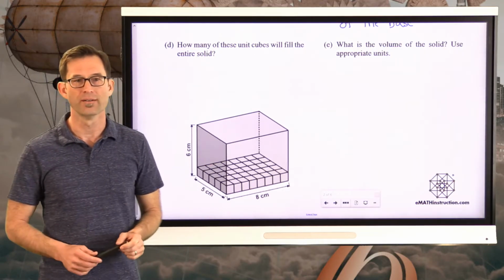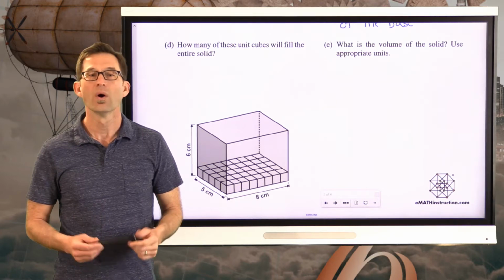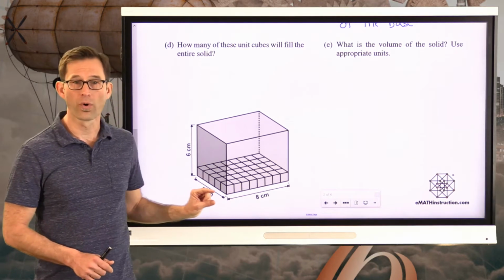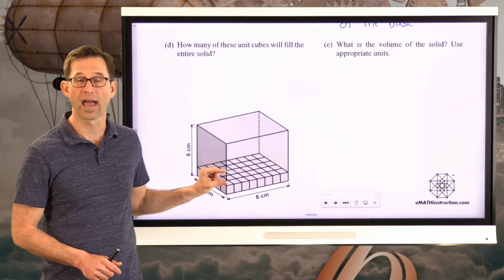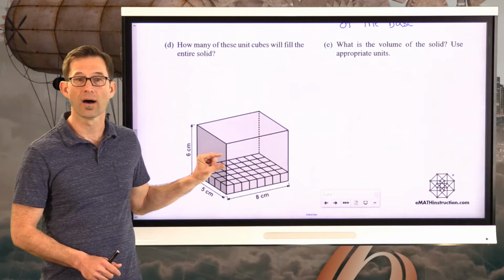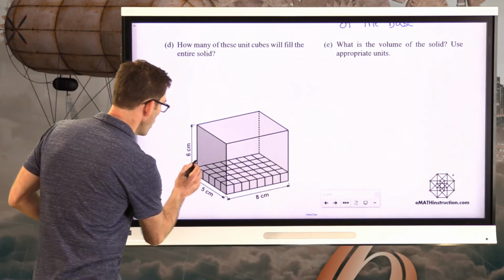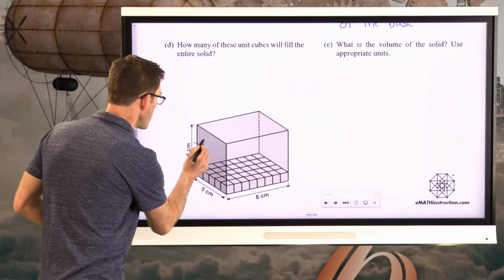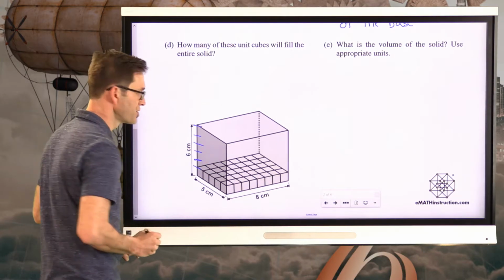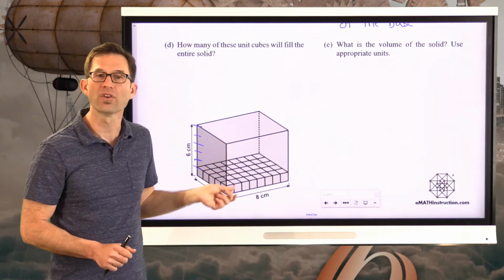Think about that for a minute. Well, if I've got 40 down on this lower base, think about taking another layer and stacking it on top, and on top, and so on. We would get 1 layer, 2 layers, 3 layers, 4 layers, 5 layers, 6 layers. We'd have 6 layers of those 40 cubes.